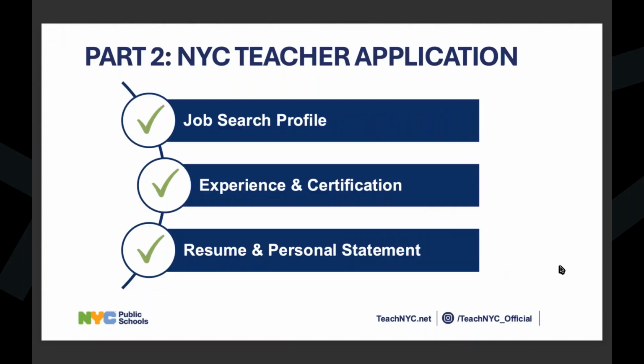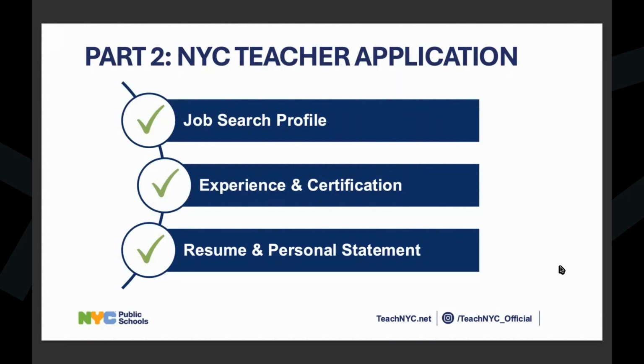The second part of this process is the New York City teacher application. The main items required for the application are certification documentation. You'll submit either proof of certification or a letter from your university stating that you're on your way to be certified by September 2026.